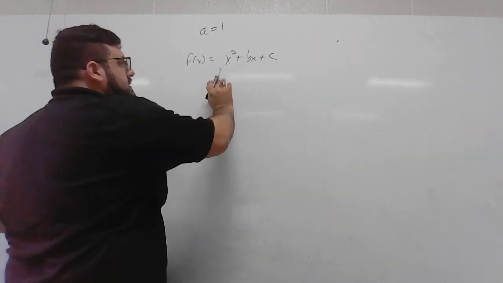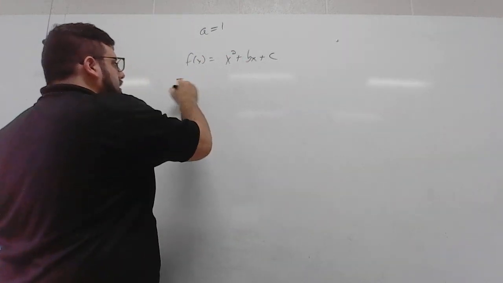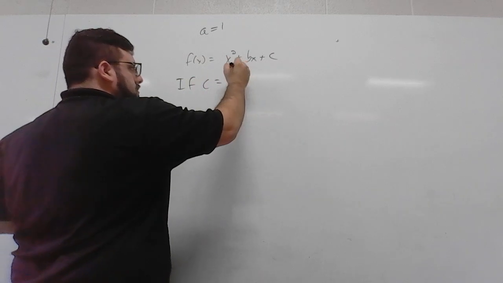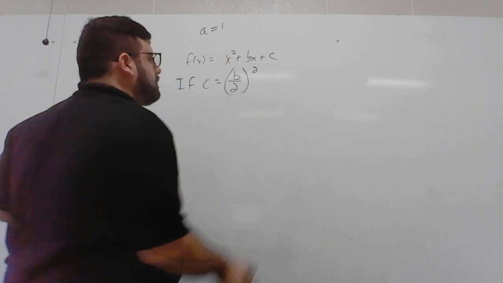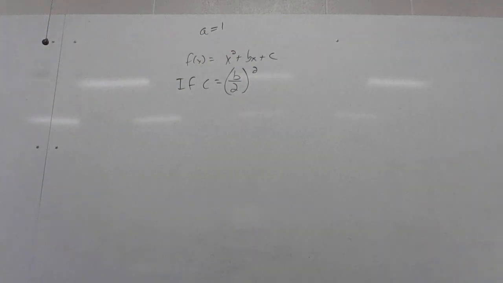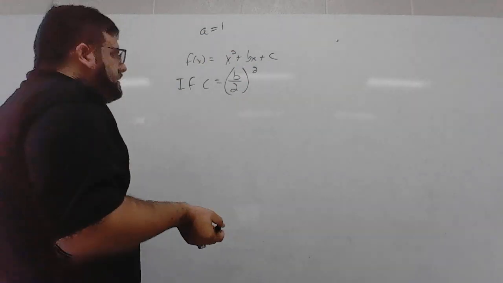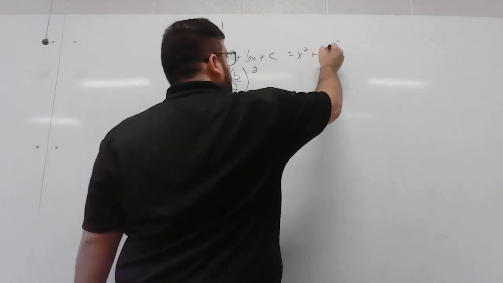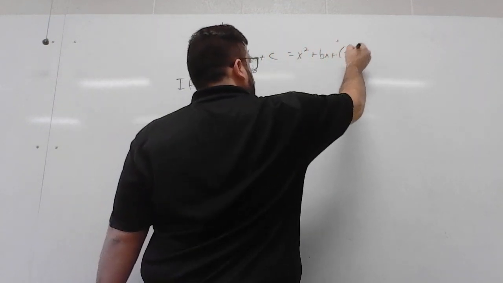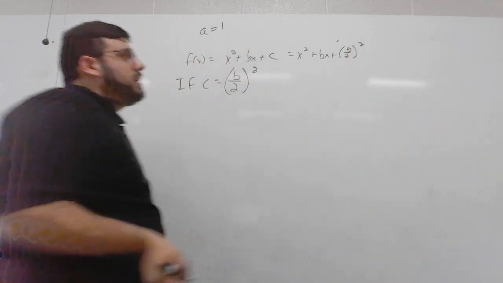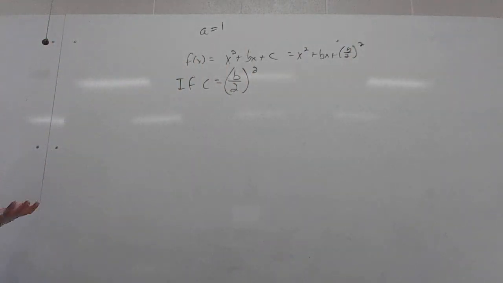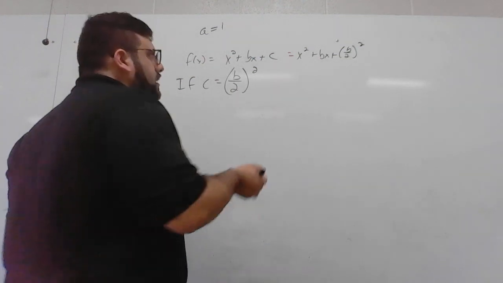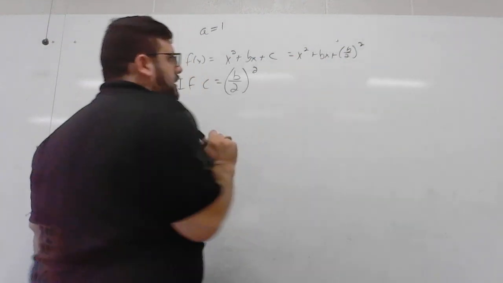Now, let's say that c is equal to b over 2 squared. Then we have x squared plus bx plus b over 2 squared. Let's check to see if this is a perfect square trinomial. I have a perfect square here and a perfect square here.